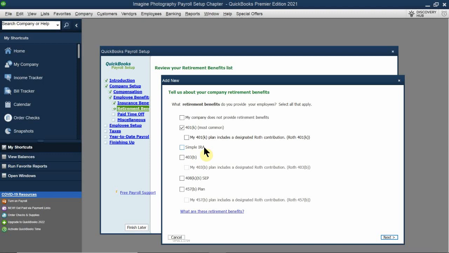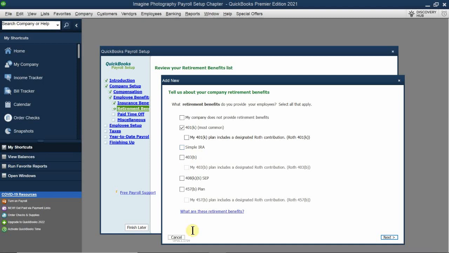You can even offer things like a 403(b) or a 408(k). I don't really know what these benefits do, because the common one you normally hear most often that a lot of companies offer is a 401k retirement benefit plan.